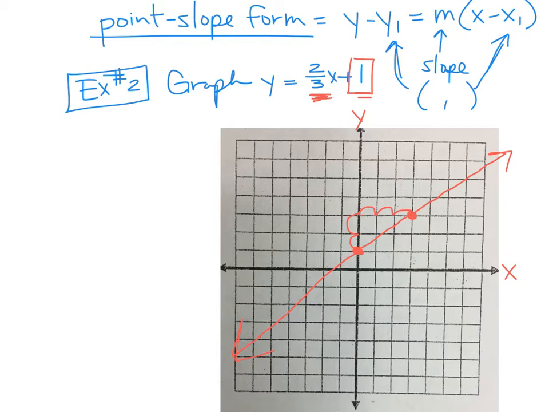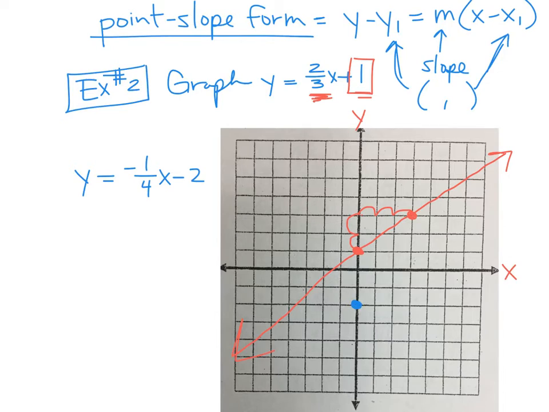Okay, how about, let's do this one. y equals -1/4 x minus 2. If I'm going to graph that one, where do I go first? Down 2, 1, 2, and then where?